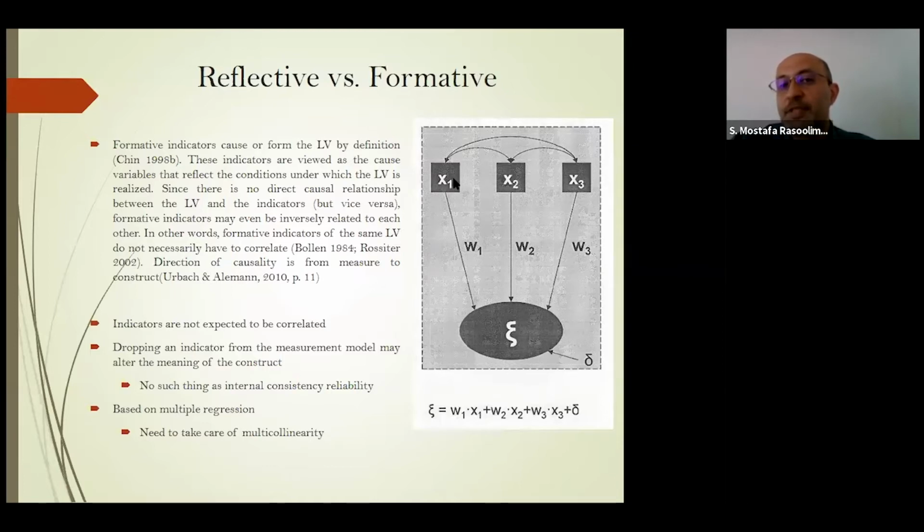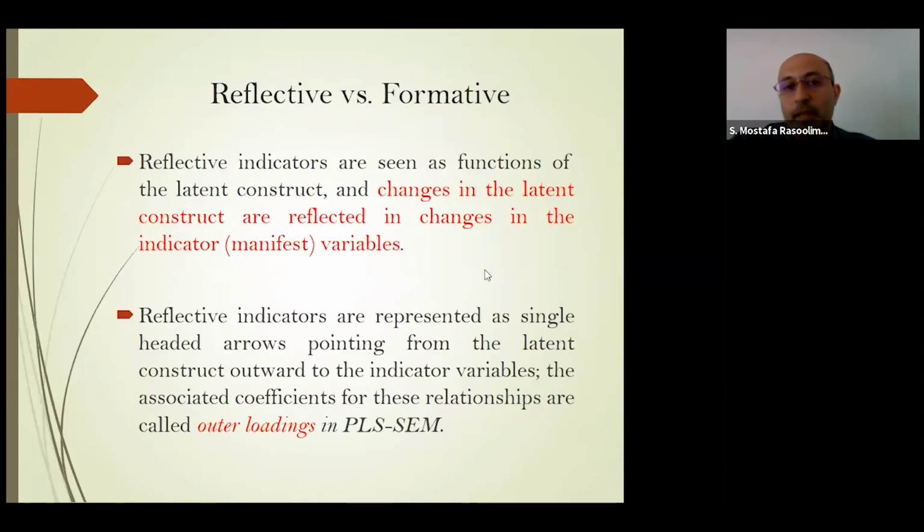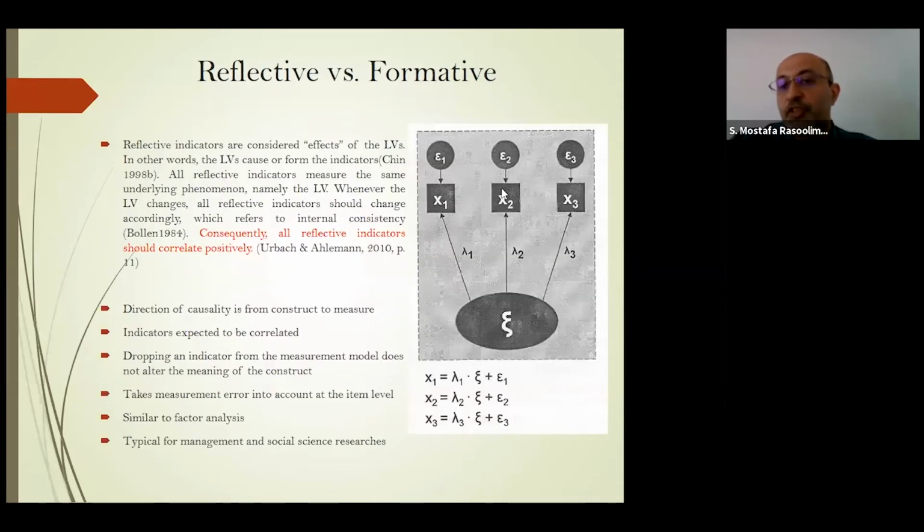The three items reflect the meaning of the construct. So you can see these three items, x1, x2, and x3, include two parts. One comes from the construct or latent variable, and another part is the error term.